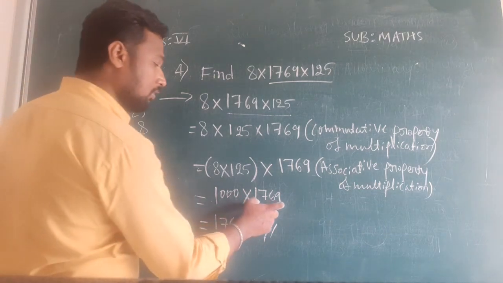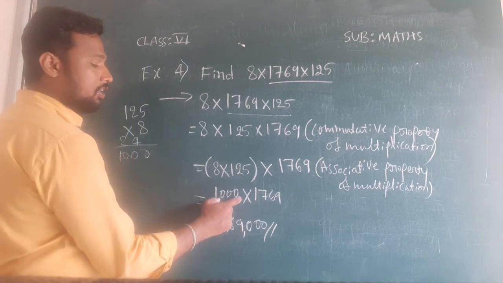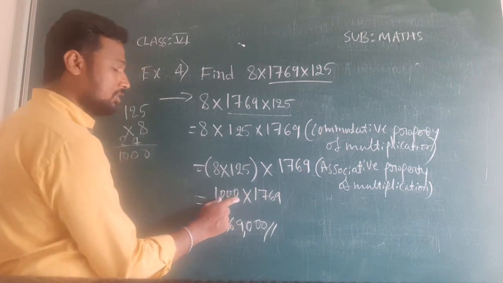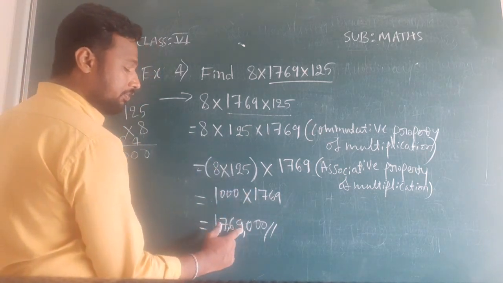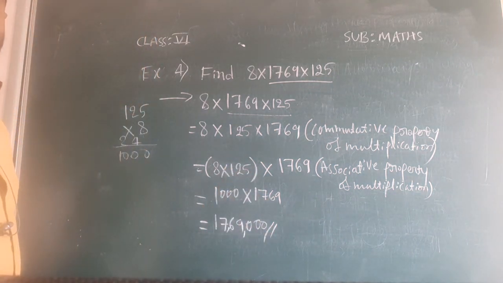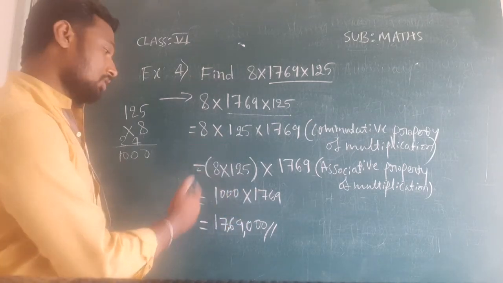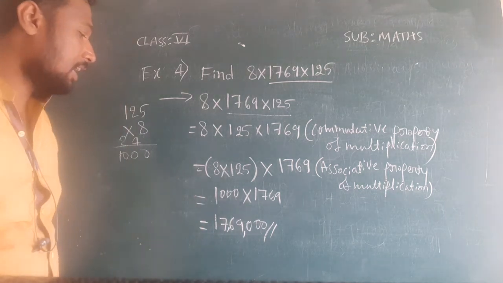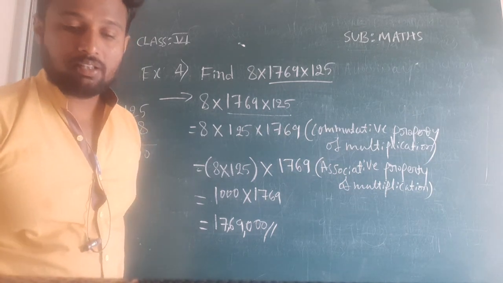So you can see here 1769, and in front of this 1 we have 3 zeros here. If you multiply this number with zeros, we will get 0 only. So in front of this number we will put 3 zeros. Okay, like this you can multiply any number with 10, 100, 1000, 10,000 very easily. So here we got the answer as 17,69,000.